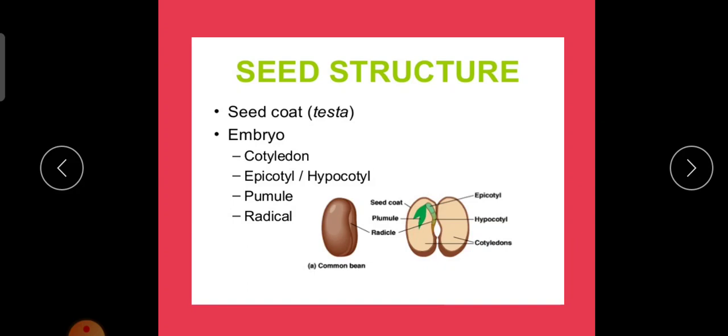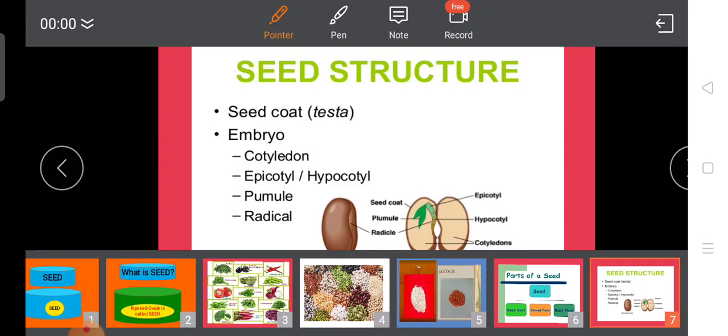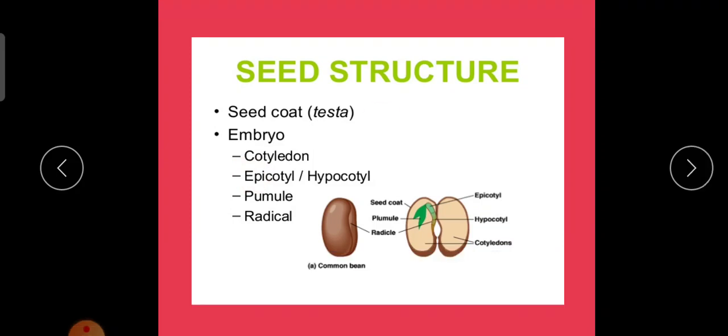If any seed has two seed leaves like this, then that seed is known as dicot, meaning having two cotyledons.